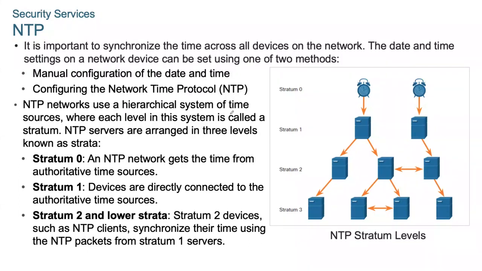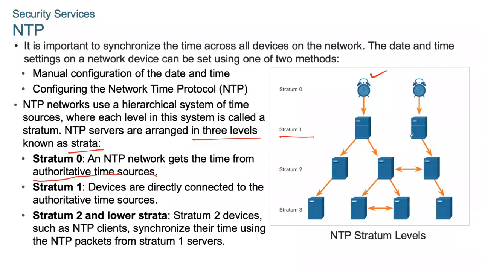So NTP is arranged in levels, which are known as the strata. At level 0, NTP gets the time from the authoritative time sources, and they are directly connected to stratum 1.